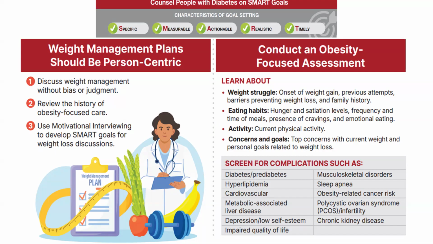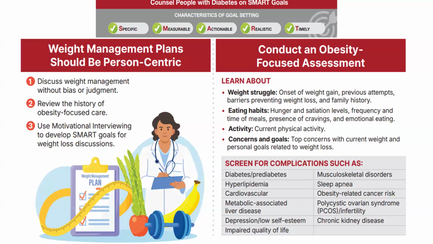We should do a focused assessment and learn about the struggles the patient is going through in terms of his or her weight: the onset of the weight gain, previous attempts at losing weight, the barriers preventing him or her from losing weight, and whether there is a family history of obesity as well. Look at the eating habits, the hunger and satiation levels, frequency and timing of meals, and presence of cravings.